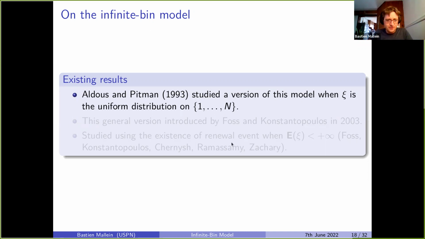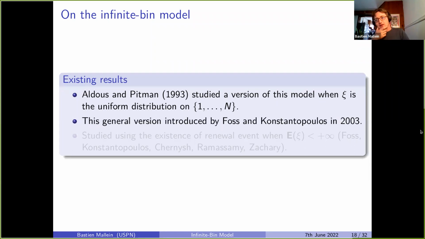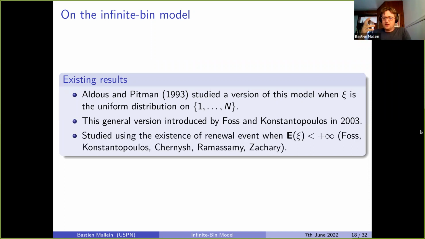And so the model of Aldous can really be thought of as a continuous time version of the infinite bin model with uniform distribution. And the generalized infinite bin model was studied by Foss and Konstantopoulos, where they proved that if you assume that the expectation of psi, the index at which you put balls, is finite, then this model exhibits renovation events.